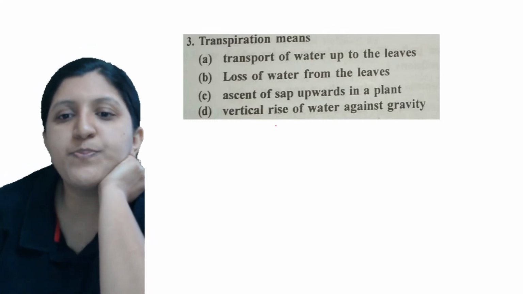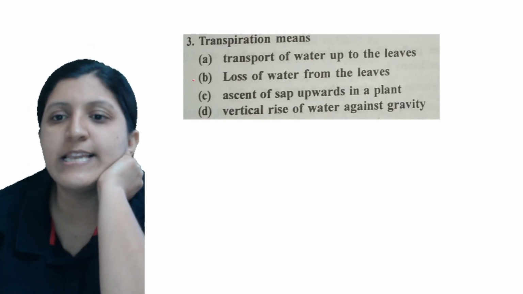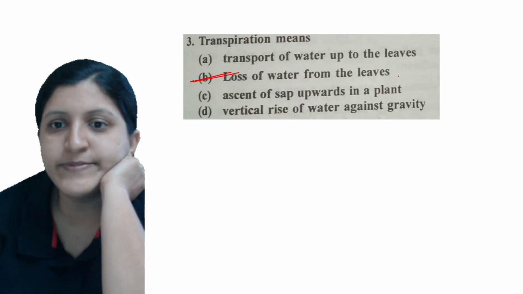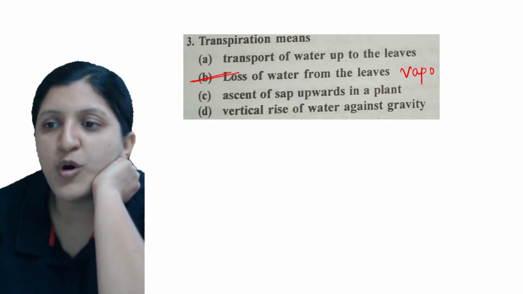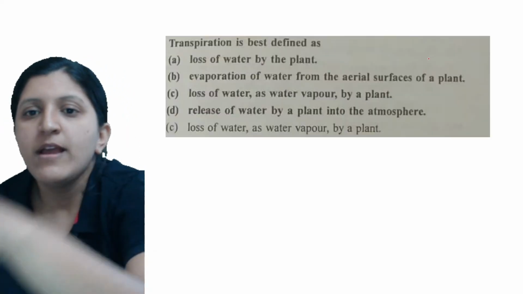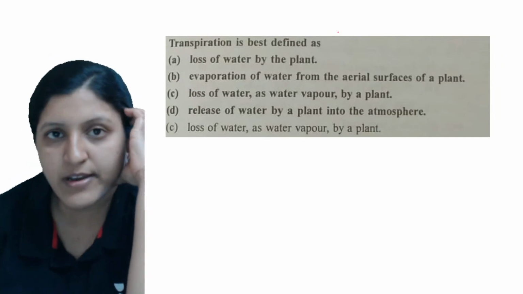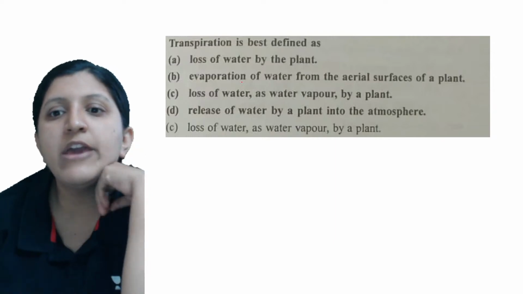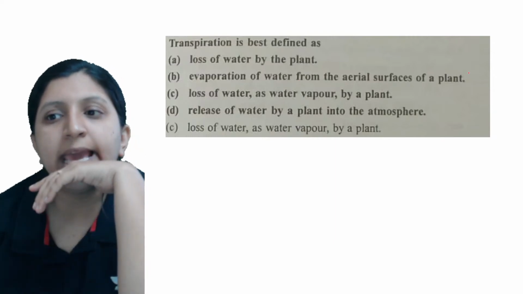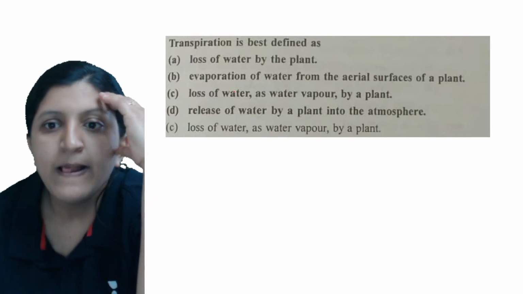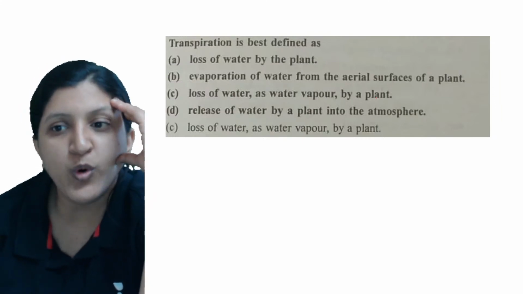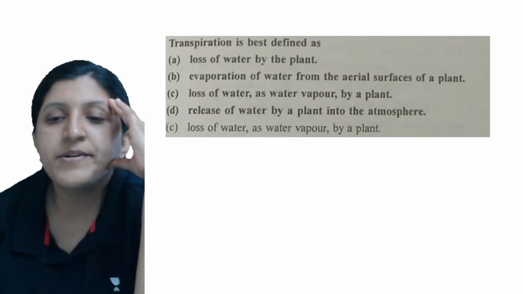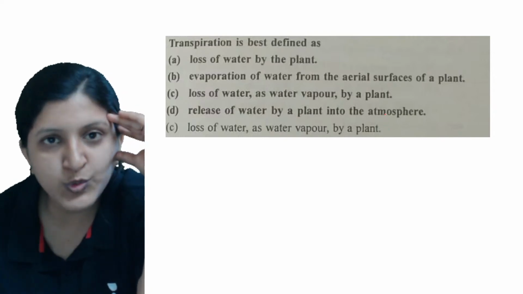Transpiration is basically loss of water from the leaves, in the form of vapor. Transpiration is best defined as loss of water by the plant, evaporation of water from the aerial surface of the plant, loss of water as water vapor by the plant, release of water by a plant into the atmosphere.